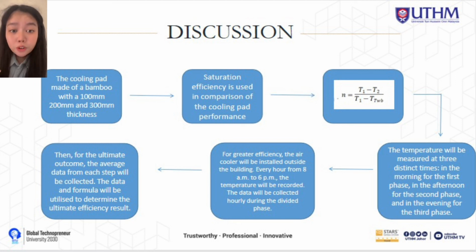Every hour from 8 a.m. to 6 p.m., the temperature will be recorded. The data will be collected hourly during the divided phases. Then for the ultimate outcome, the average data from each step will be collected, and the data and formula will be utilized to determine the ultimate efficiency result.